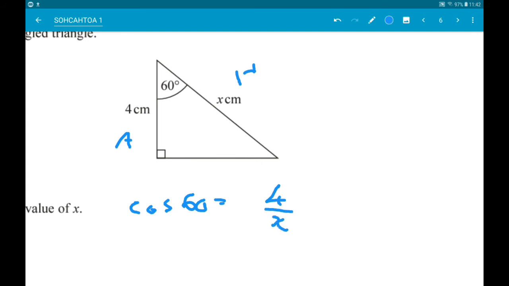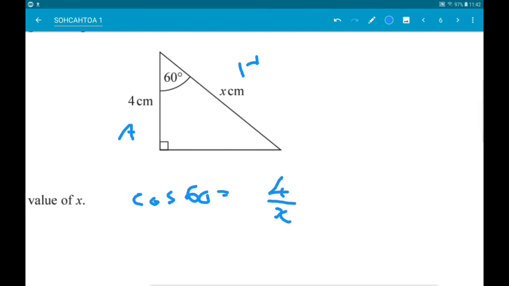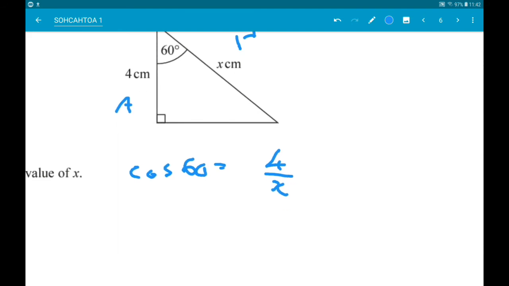Okay, now we need to move x up from the bottom of that fraction. To do that, we multiply both sides by x. So we get x cos 60 is 4. Now we need to get rid of the cos 60.